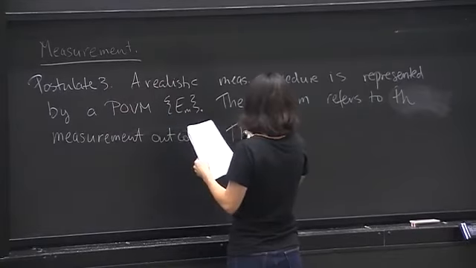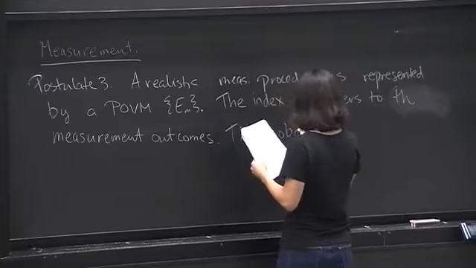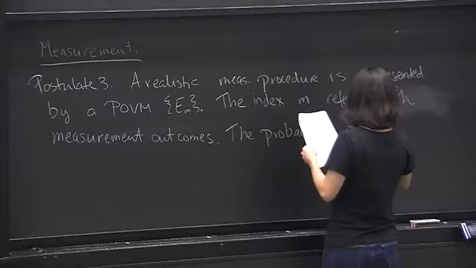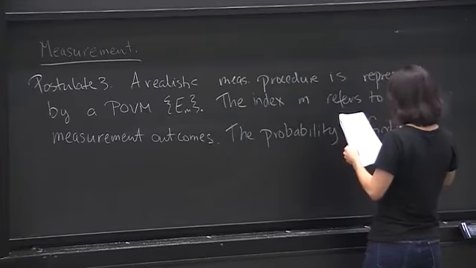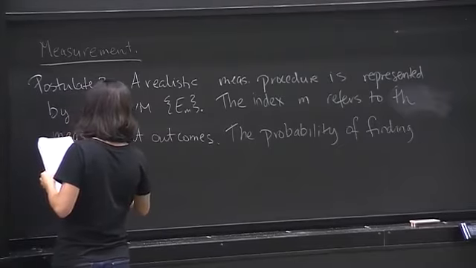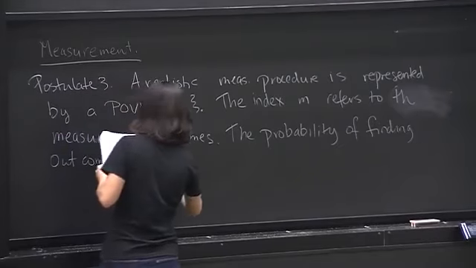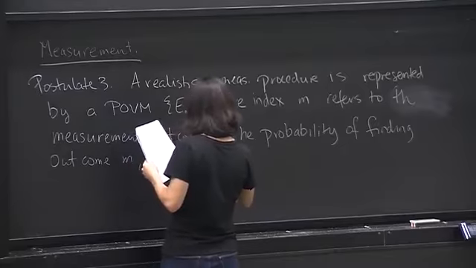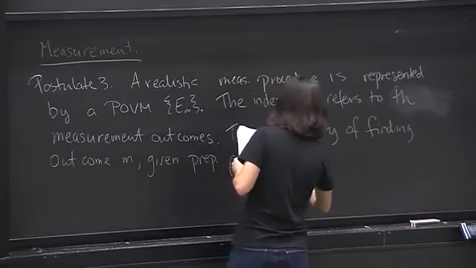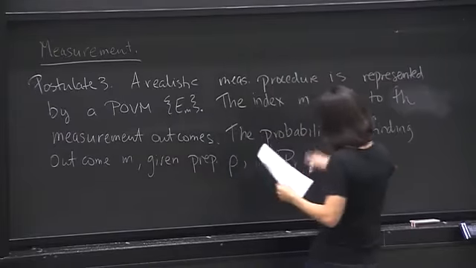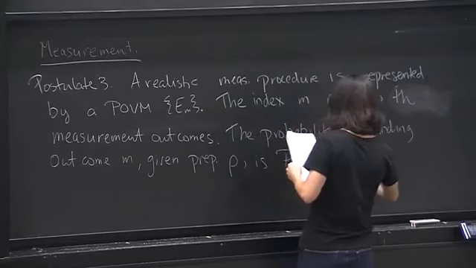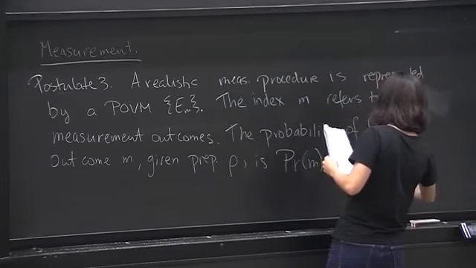And then the probability of finding outcome M given the preparation rho is kind of like the Born rule, except now it's in terms of these POVM elements.